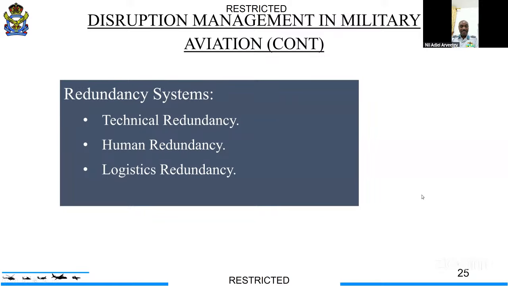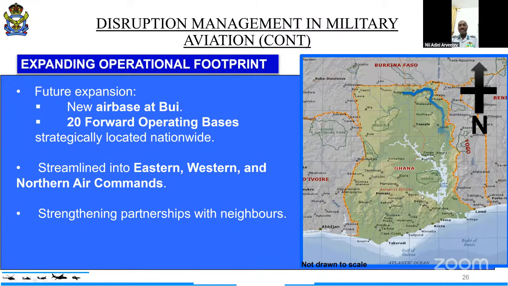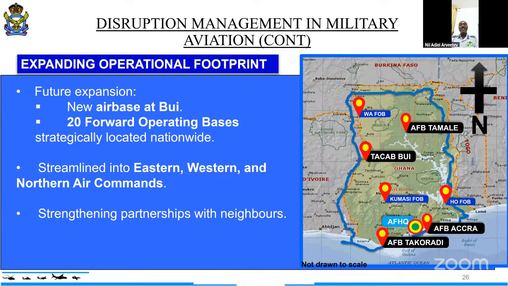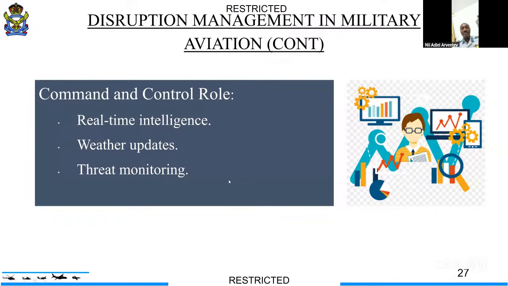Next, I can see the slides are back. So we can go to our third scope item, which is disruption management and how in military aviation. Okay, let me see. Just a minute. Let me try to unlock my screen. Please, can we go back to the previous slide?